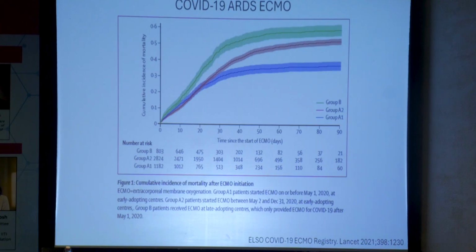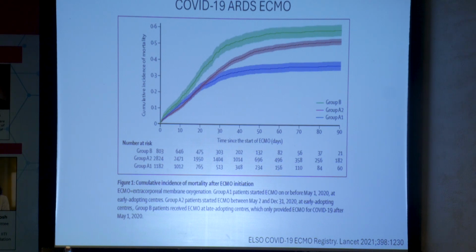Whether this was because of different variants of the virus or because of more and more use of ECMO in centers that didn't have as good outcomes, it's hard to say. Initially there was great enthusiasm with the small centers that adopted early, probably because of a combination of their special expertise combined with patient selection.